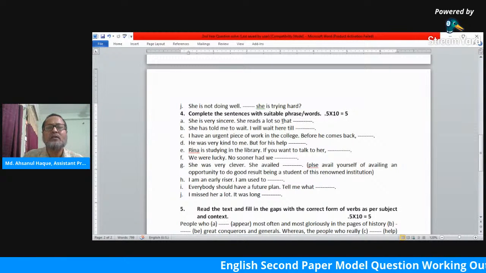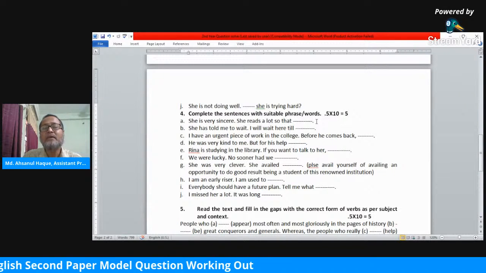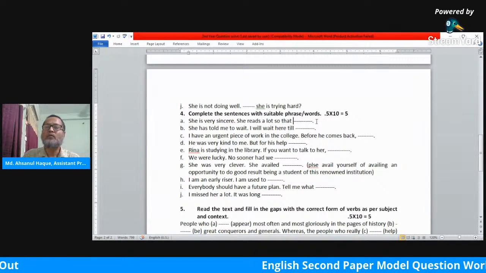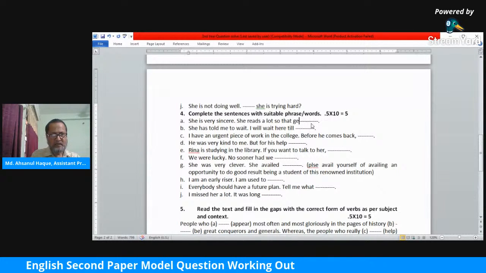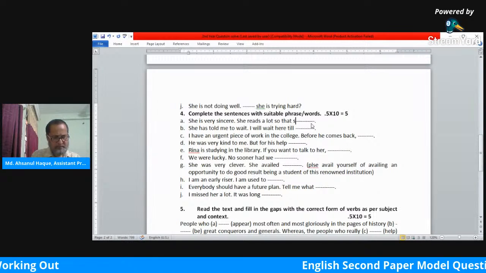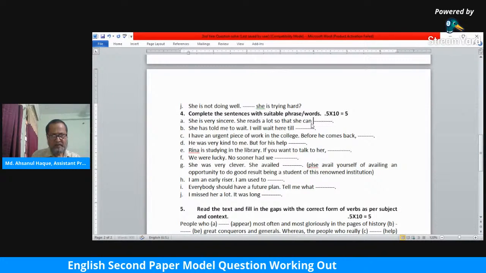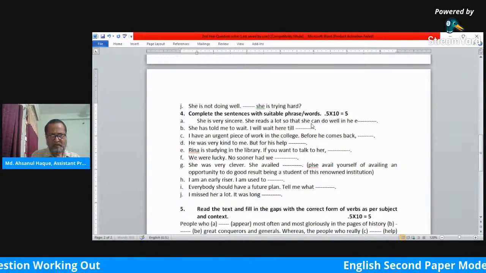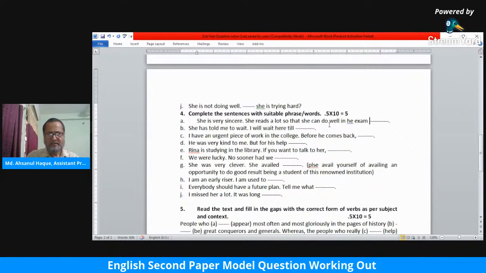She reads a lot so that she can do well in the exam, so that she can score very good results in the exam. Very easy answer. She can do well in the exam. Yes, this is the simplest answer.